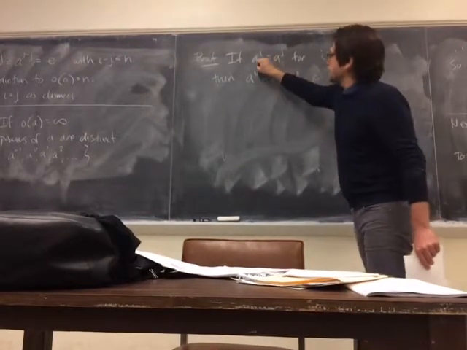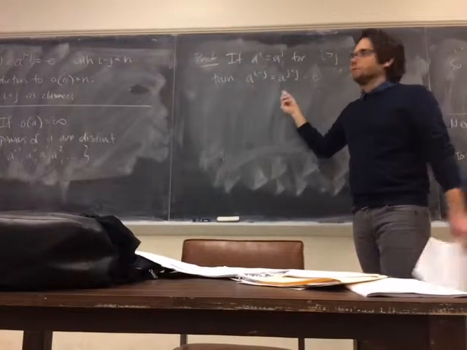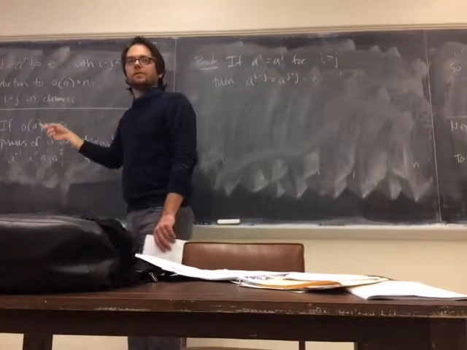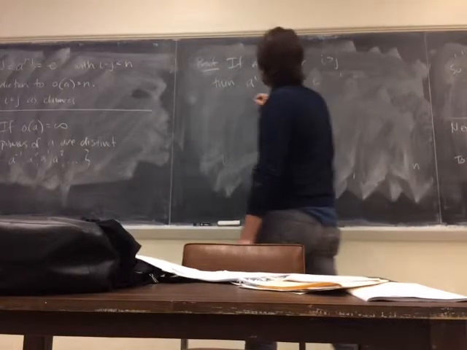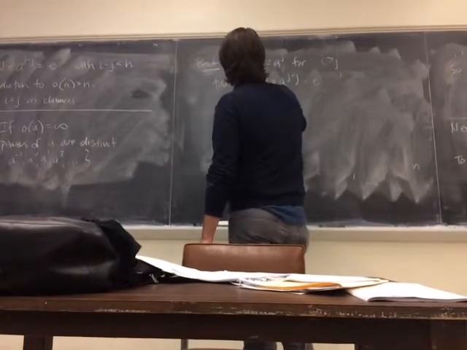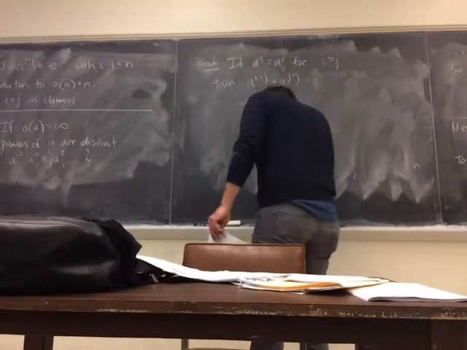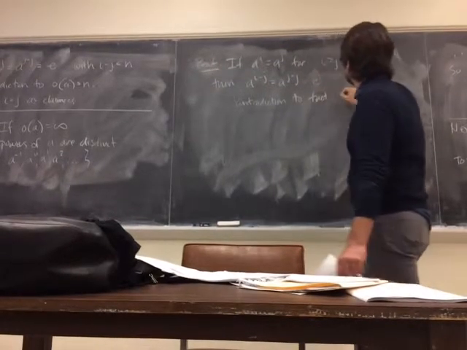And look at this, I've got a to a finite power equals e. Contradiction to what we said a had. The infinite order of a means you cannot find a finite power. So contradiction to the fact that a has infinite order.